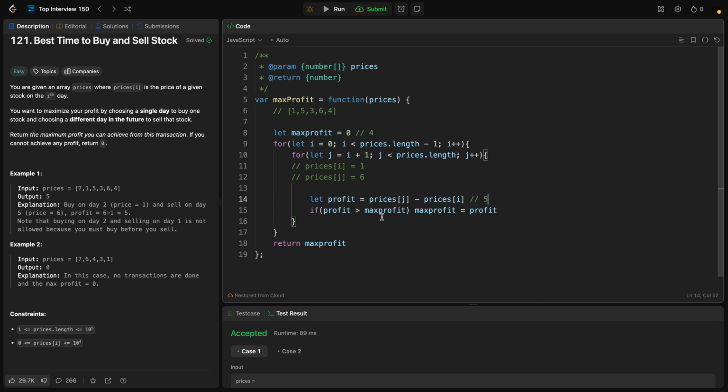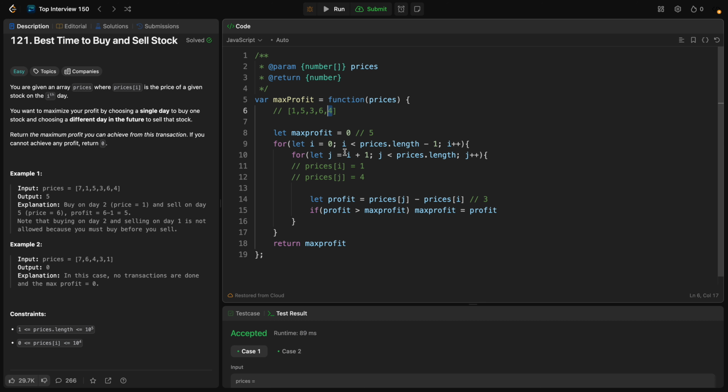If the profit is bigger than the max profit, that's true, so I will update max profit to be 5. And I will continue. I will have here 4, and we have 1 and 4. The profit will be 3. If the profit is bigger than the max profit, that's not true, because max profit is 5. So we remain with 5 here.